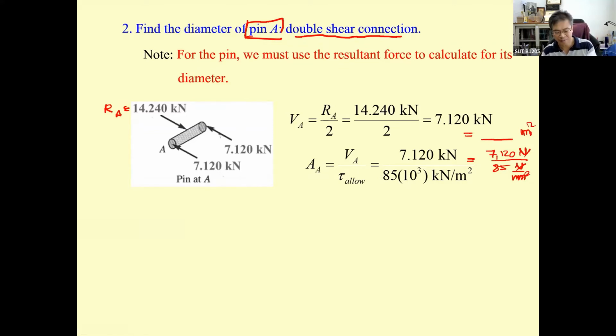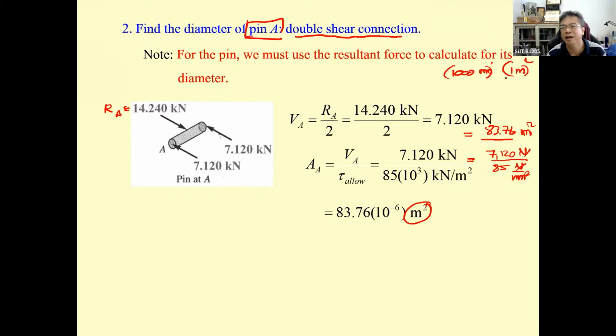That is going to be 7120 divided by 85, which is going to be 83.76 square millimeter. If you prefer meter square, you know that 1000 millimeter equals 1 meter. If you square it, 1 square meter is going to be 10 to the power 6 millimeter square.